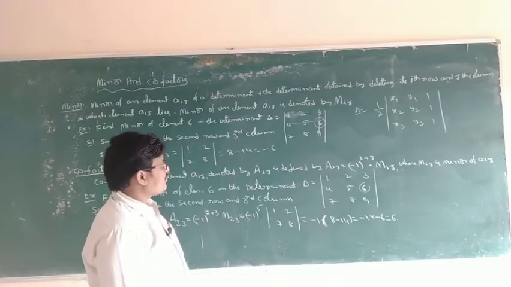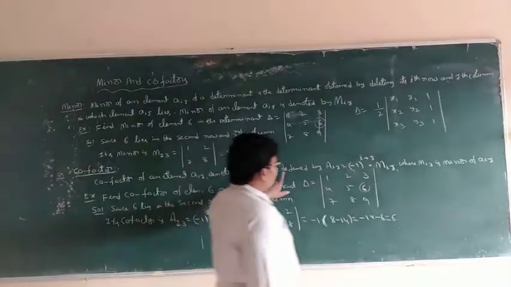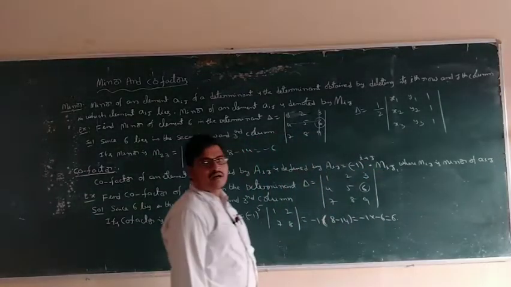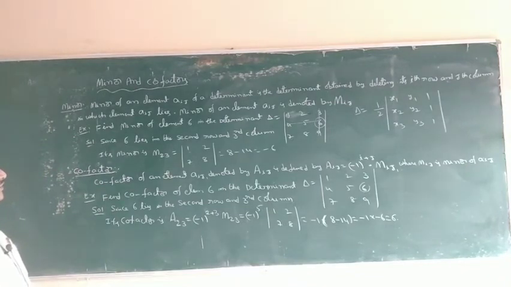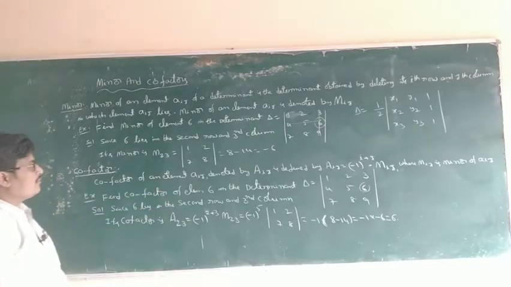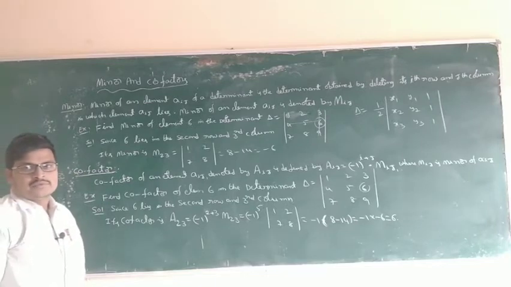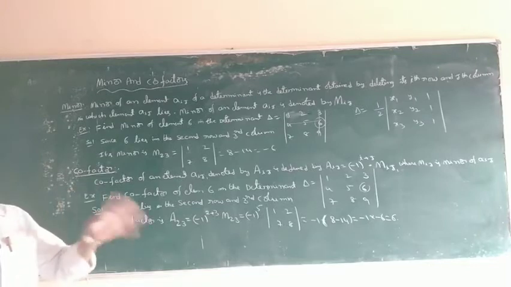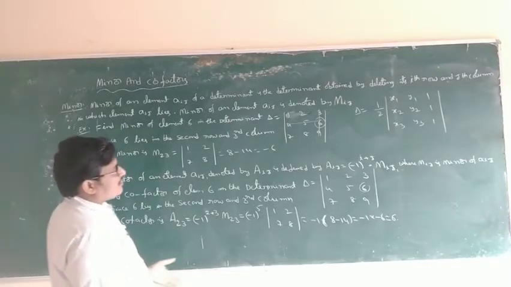What is the difference between cofactor and minor? Cofactor is -1 whole power i plus j into the minor of that element. So to find the cofactor, it is compulsory to first find the minor Mij.